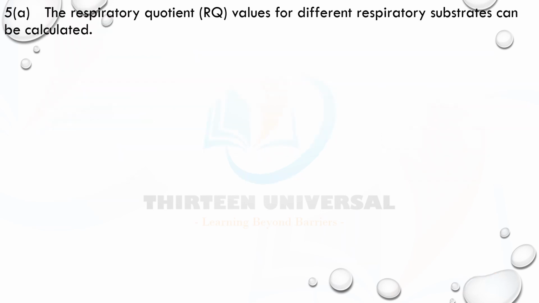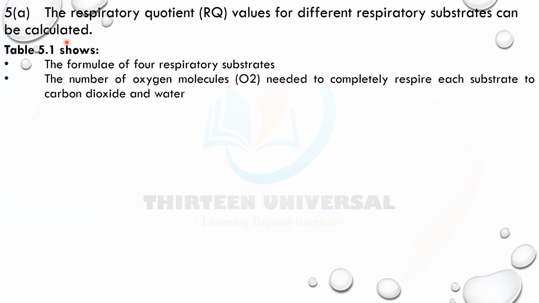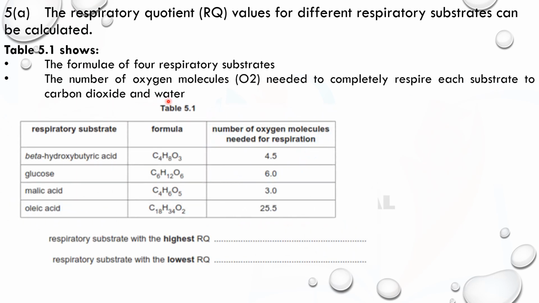Number 5, the respiratory quotient RQ values for different respiratory substrates can be calculated. Table 5.1 shows the formula of 4 respiratory substrates, the number of oxygen molecules needed to completely respire each substrate to carbon dioxide and water. So look at each of them, guys.